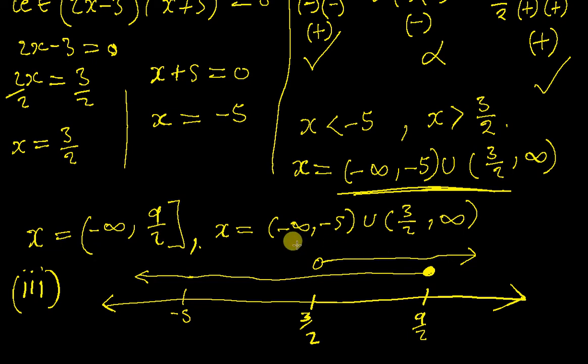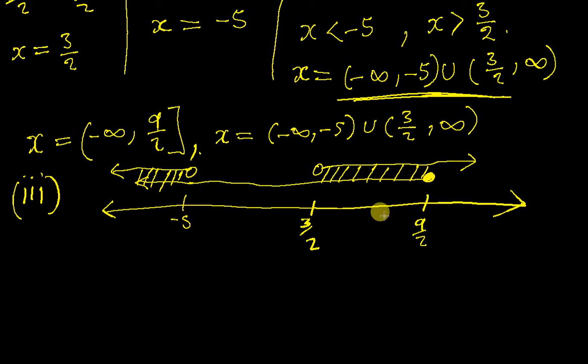And then there's also this one, starting from -5, open, going to negative infinity. We're going to shade the parts where these lines are meeting. So this part that we have shaded is the intersection, that is the solution that I want.